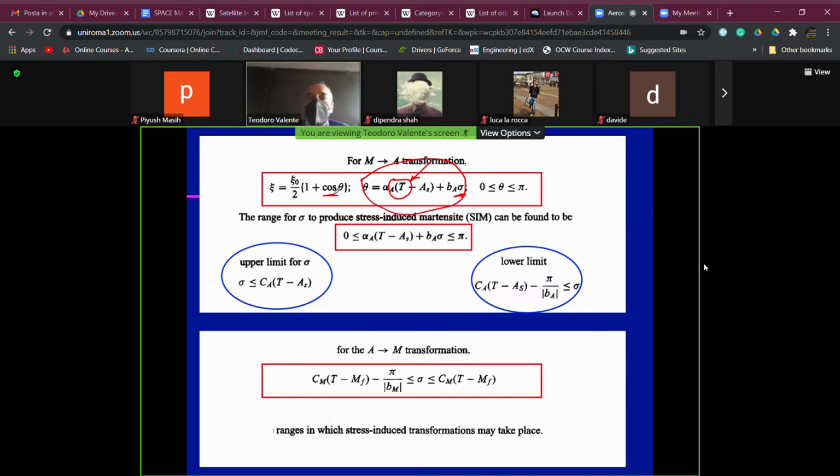And so we can define which is the upper limit and the lower limit in terms of stress, for a constant temperature value between Md and Af, in order to have stress-induced martensite.